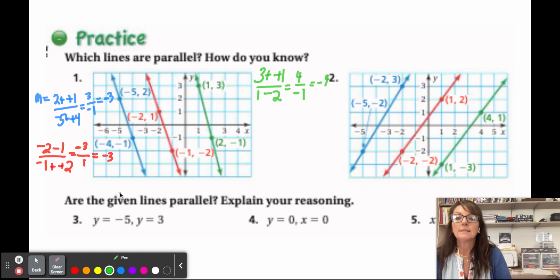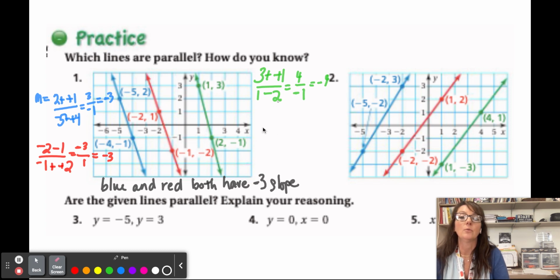So when asked which lines are parallel, for question number 1, it is blue and red that both have -3 slope. And how do you know, right? Because they both have a -3 slope. The green has a -4, so it is not parallel to those, all right?